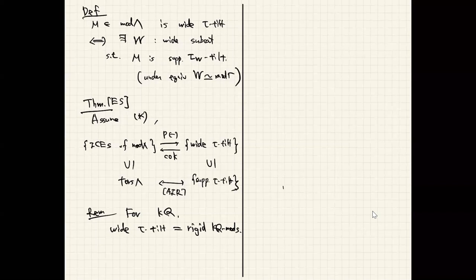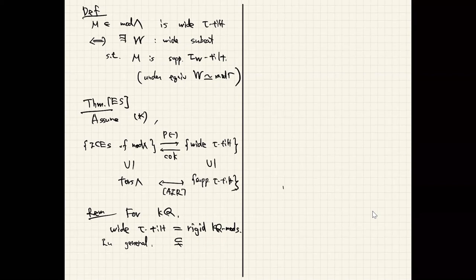But in general, we haven't characterized wide tau tilting modules in a simple homological way so far. Maybe it's an interesting but difficult problem, I think.